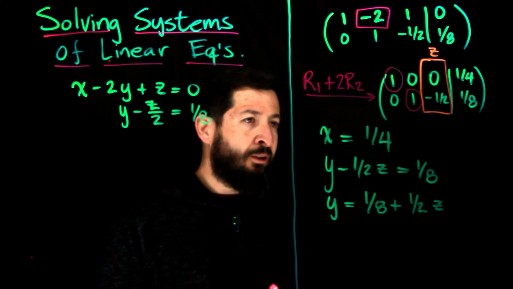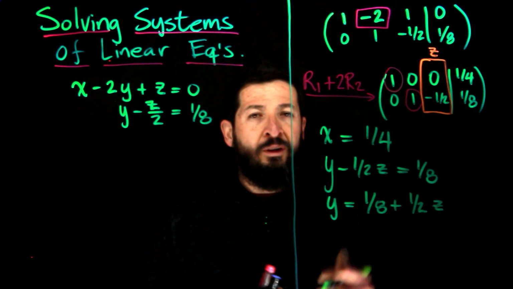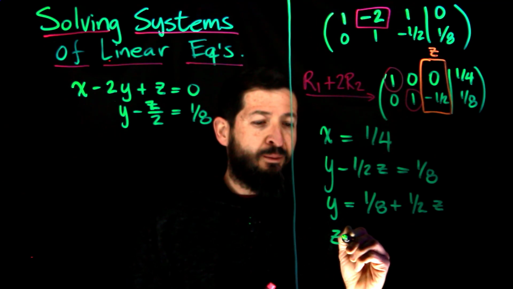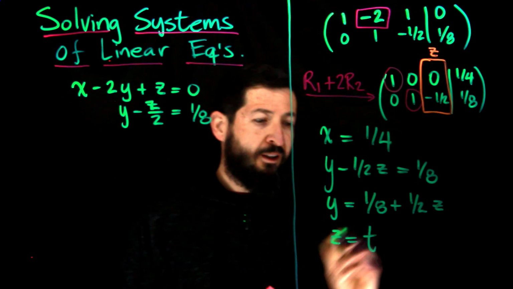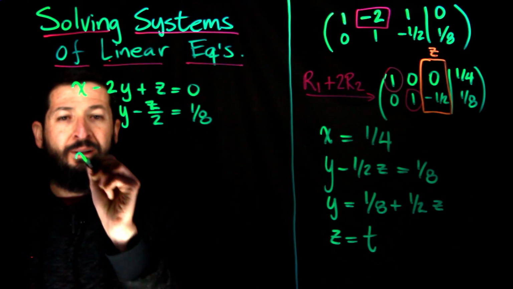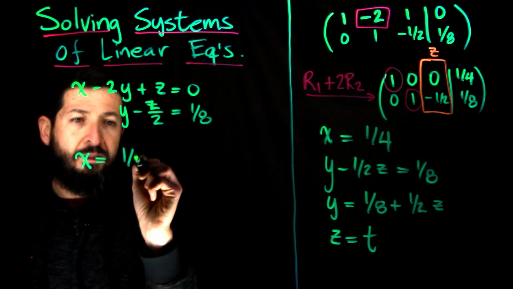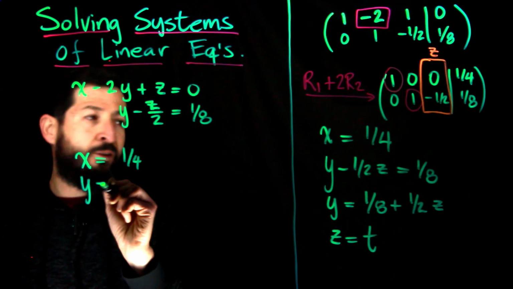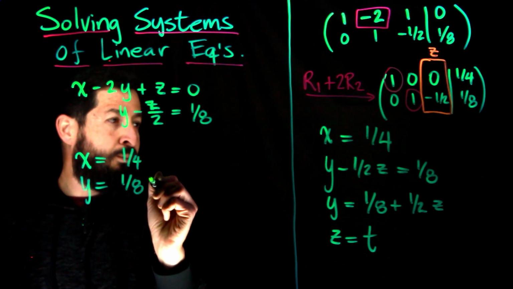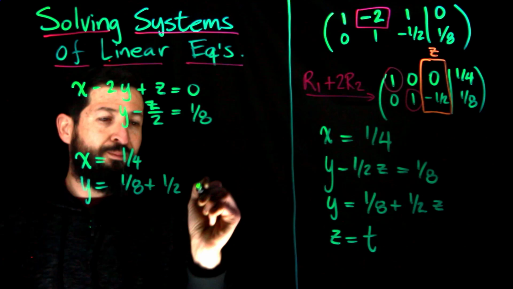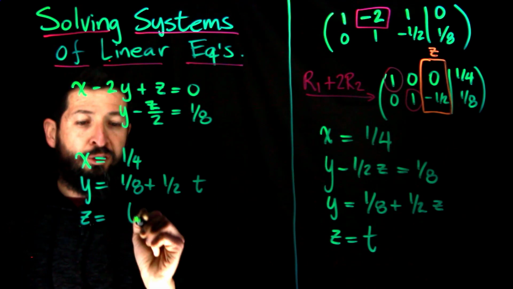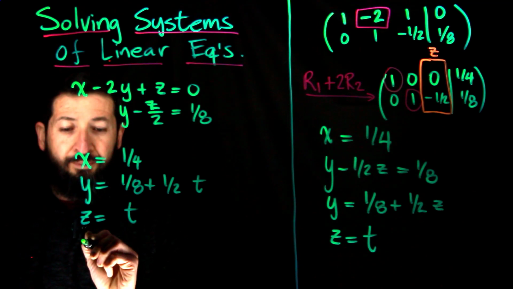And then what I can do to write this solution in parametric form is I can give z the name of a parameter. So if you want to write this, then x is 1/4, y is going to be equal to 1/8 plus 1/2 of t, and then z is t, which corresponds to a vector solution.